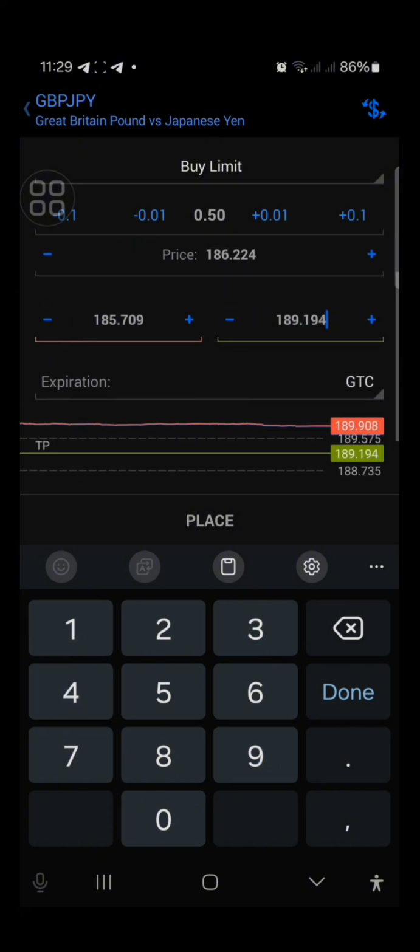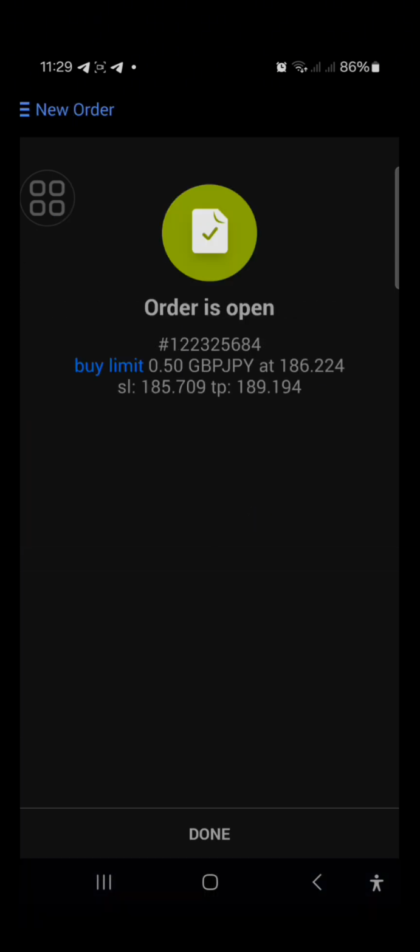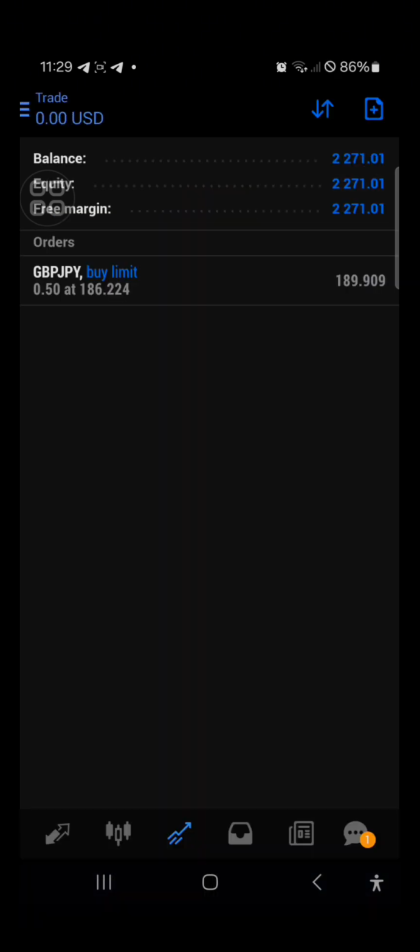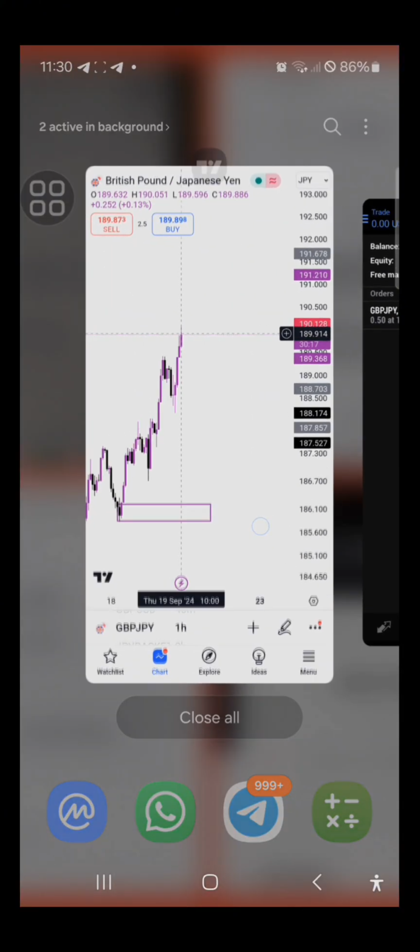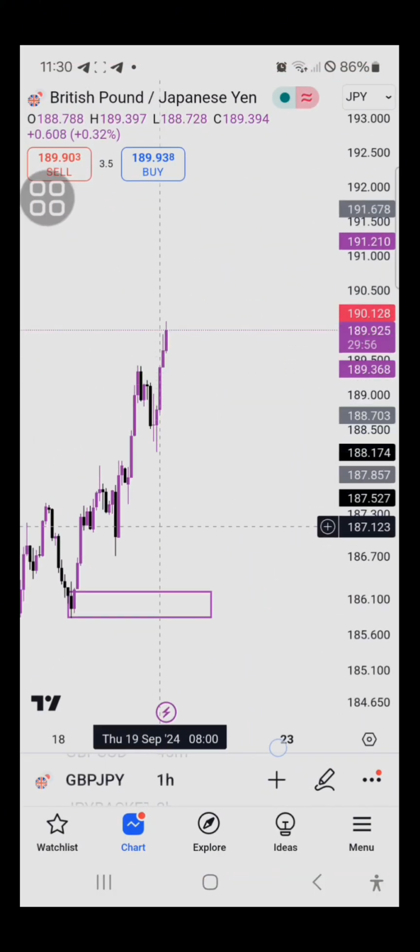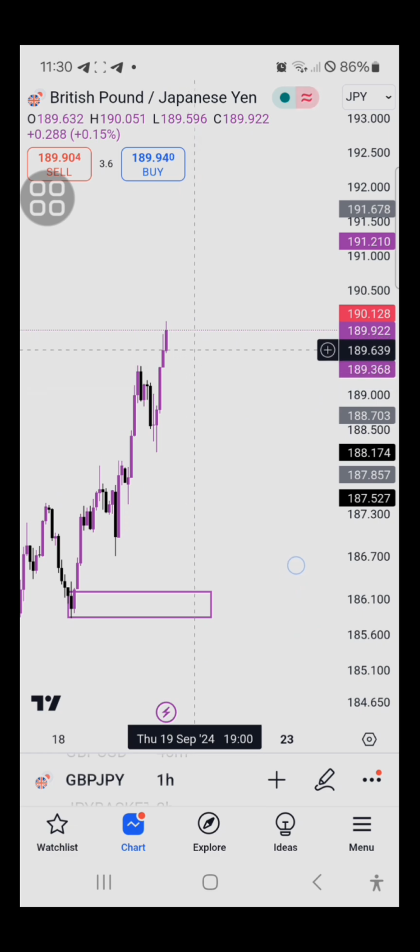Then I will just come right here and click on place, and that trade has been placed. So whenever the market comes down to this price, I will be picked up. Whether or not I am online, I will be picked up and I will join this trade.